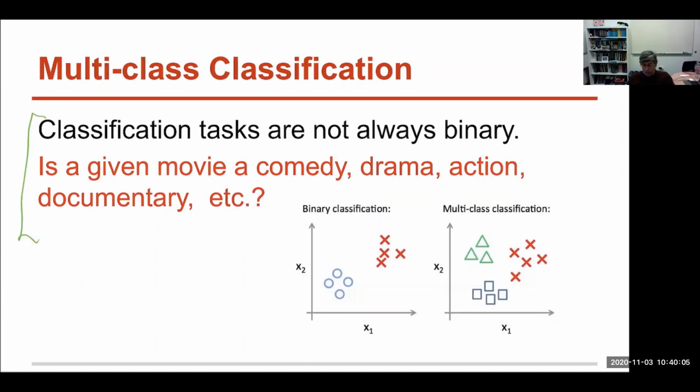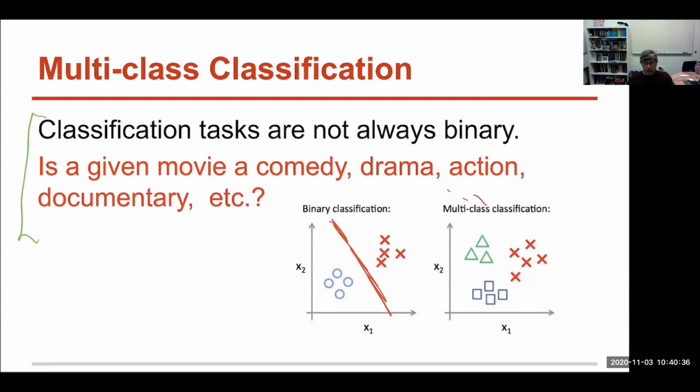Now, what should the decision boundary look like for a classification problem? For the binary classification problem here, it's just a separating line. What do we think the decision boundary should look like for a 3-class classification problem like this?